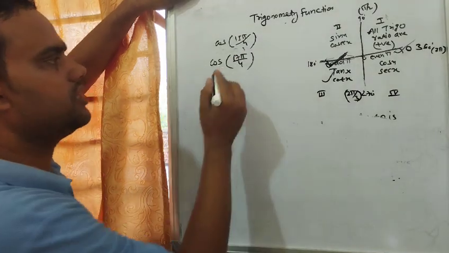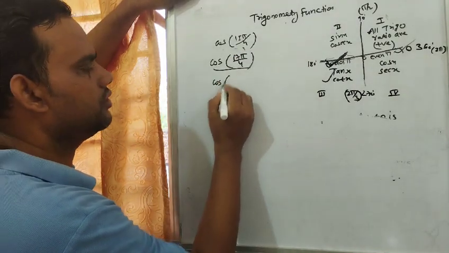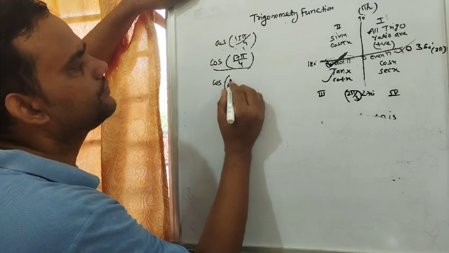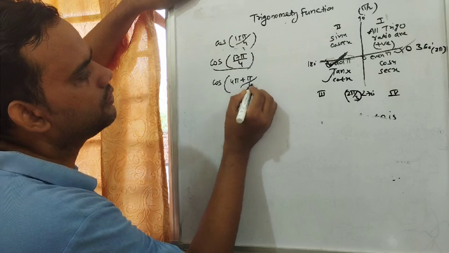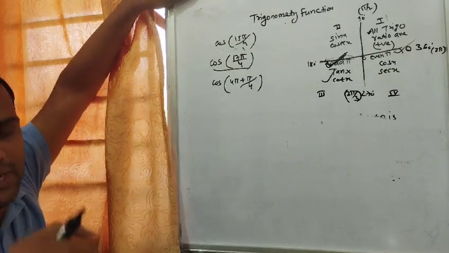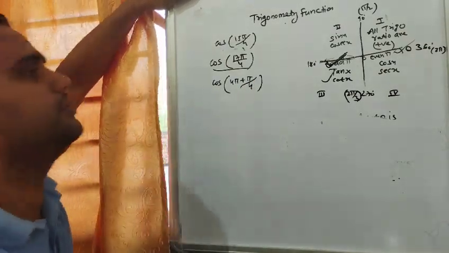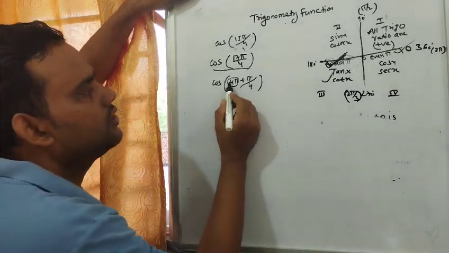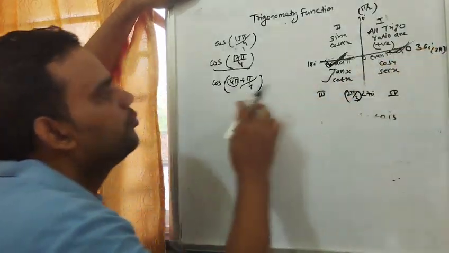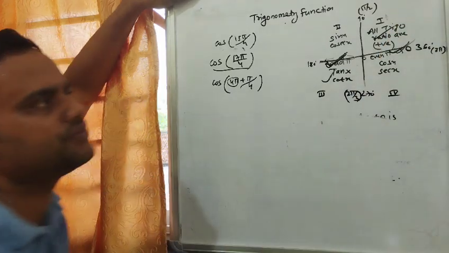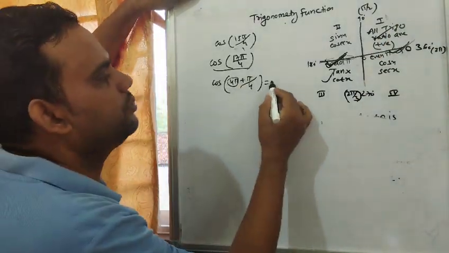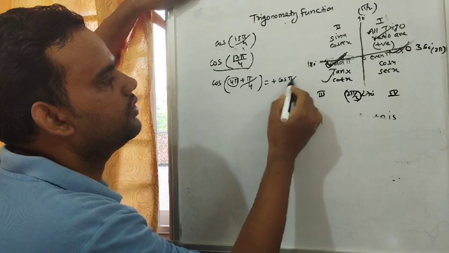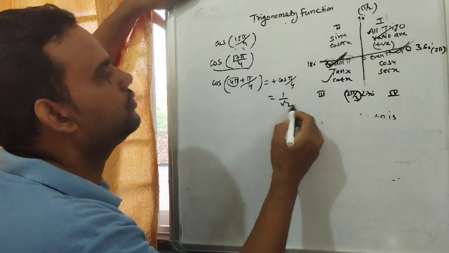First, for 17 pi by 4 we write cos of 4 pi plus pi by 4, because 4 pi plus pi by 4 is 17 pi by 4. Is it even or odd? This is even. Plus means the first quadrant, where everything is positive. So we write plus sign, cos pi by 4.